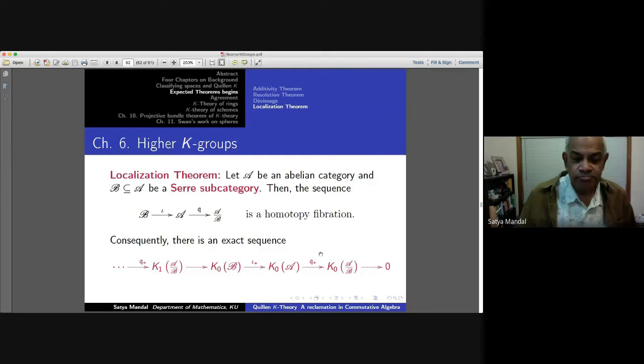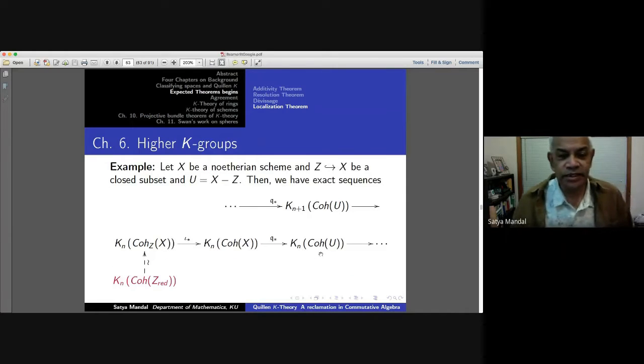Okay, so very good. So why do I apply this? As I said, suppose X is a Noetherian scheme and Z is a closed subscheme, and U is the open complement. Then you can write down, looking at the middle line, K_n of Coh_Z(X) to K_n of Coh(X) to K_n of Coh(U).